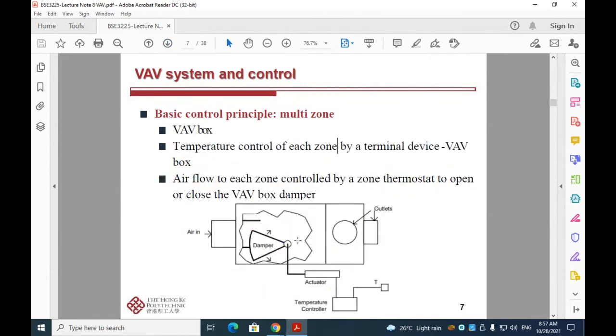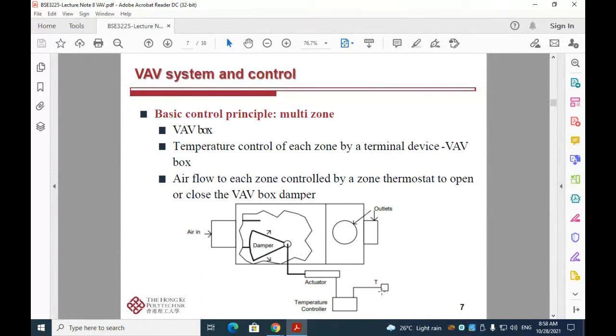But here in the VAV box, the air is preconditioned by the primary air handling unit, and by controlling the damper, it will only affect the airflow rate. And by changing the airflow rate, the temperature of the supply air will not be affected.